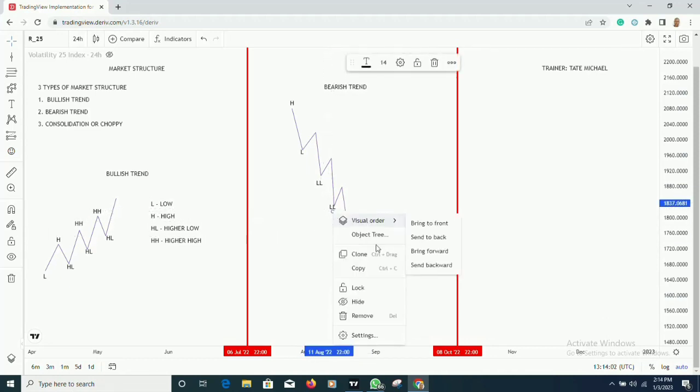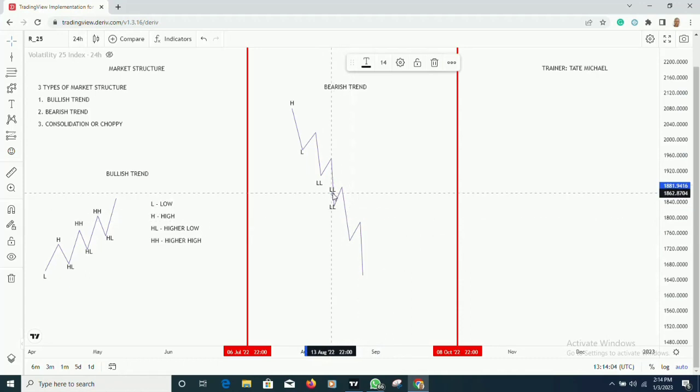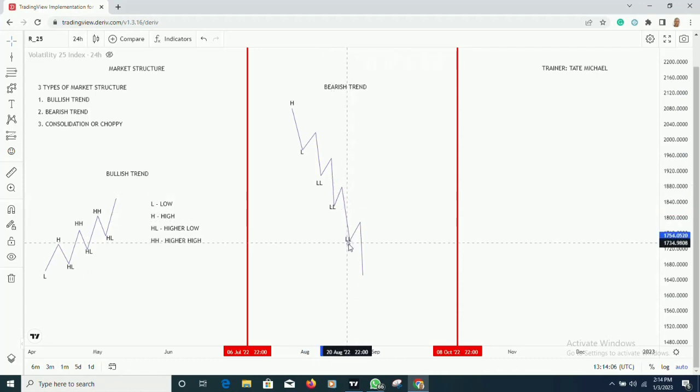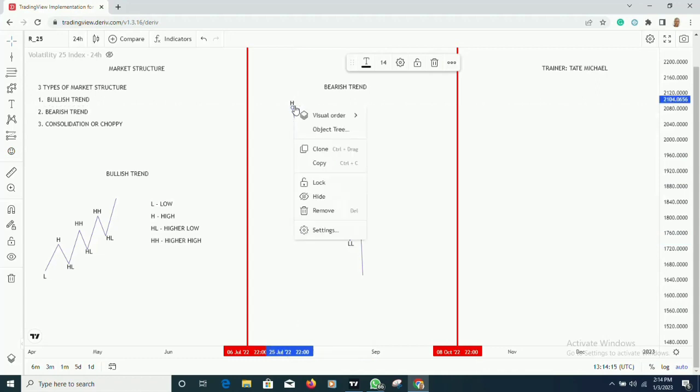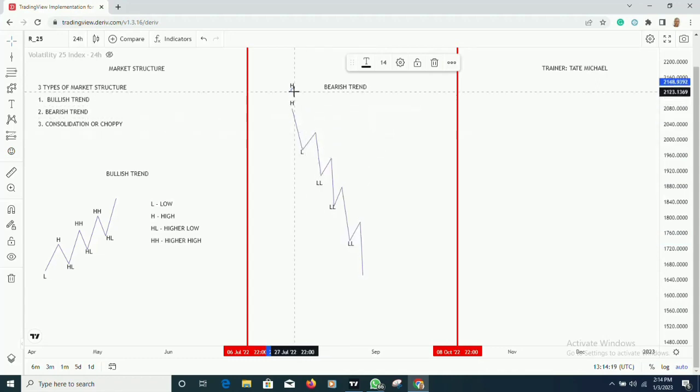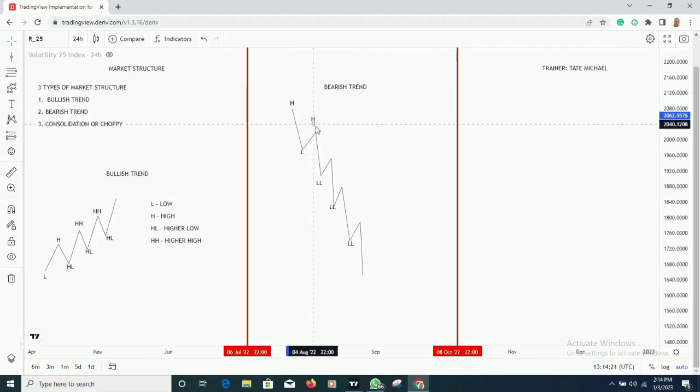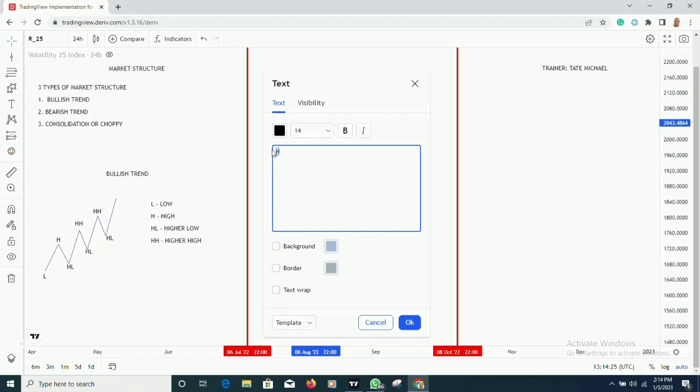This is also the lower low. Don't mind my drawings. So here, likewise, it's called the lower high.